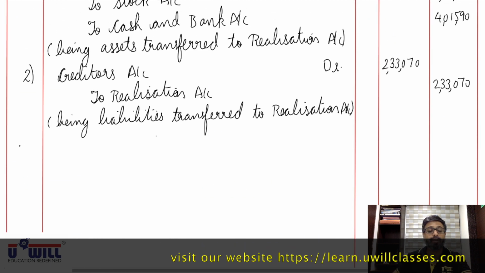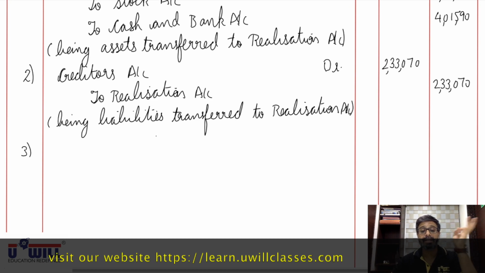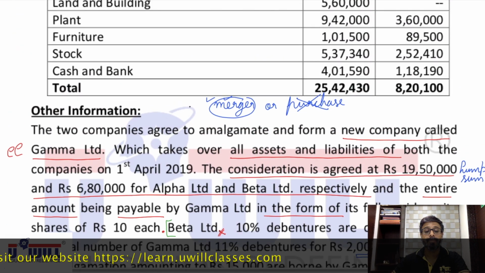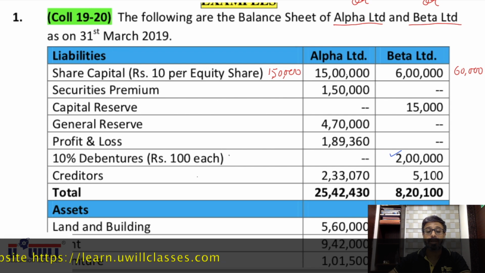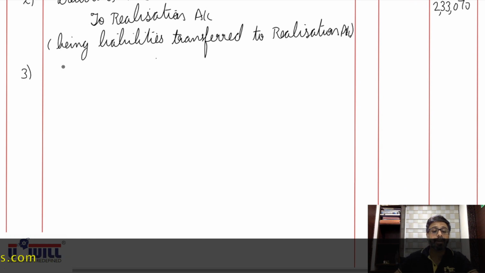Now I told you the order of entries is important, you must remember that. So assets, liabilities, then equity share capital. Now in Alpha Limited's books, all of you can see equity share capital is 15 lakh rupees. It's a credit balance, to close it we reverse and debit it.